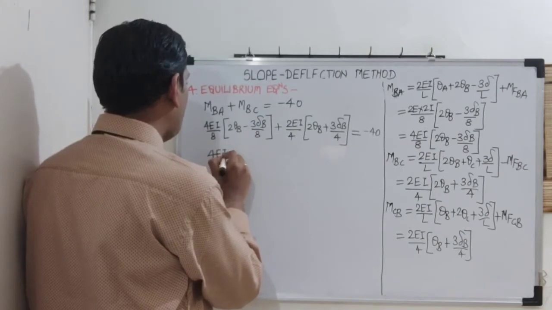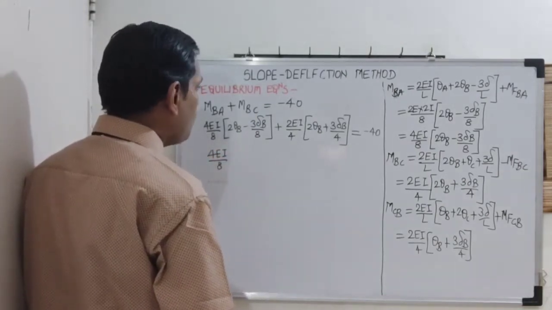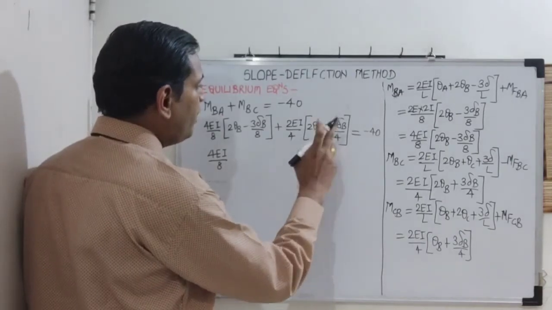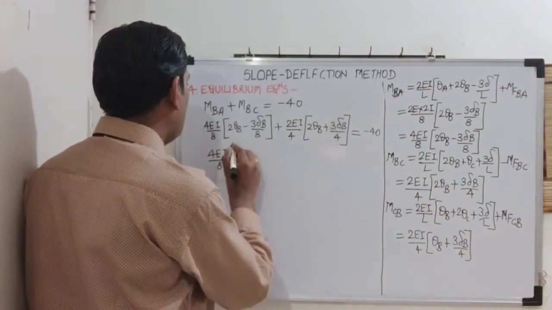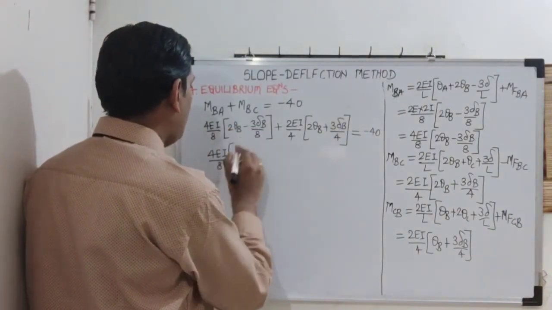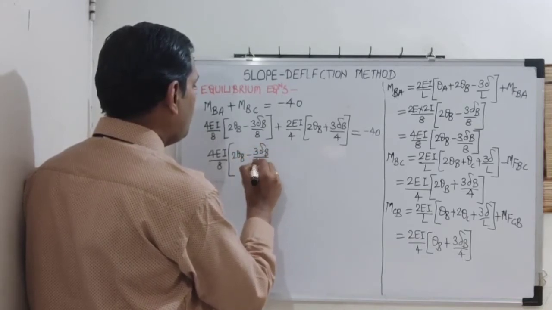We have to multiply this bracket by 2 and divide by 2, so that the effect remains the same. From the first bracket we have 2 theta B minus 3 delta B upon 8 as it is.